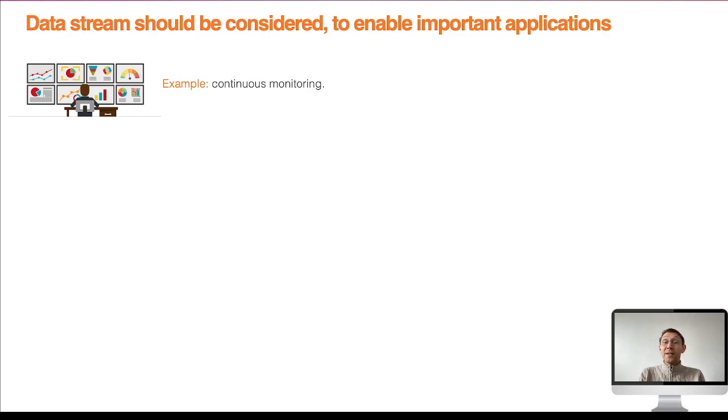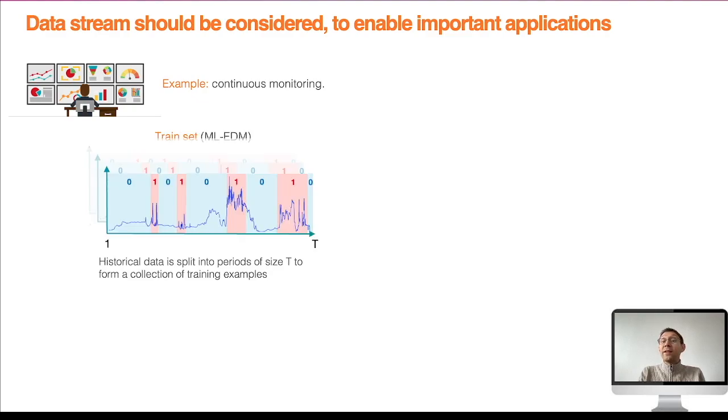To illustrate this, let's examine what the training set looks like in both cases. In standard machine learning-based early decision-making, the training set is a collection of examples from a periodic time division. For instance, each training example may represent 1 day of server operation.